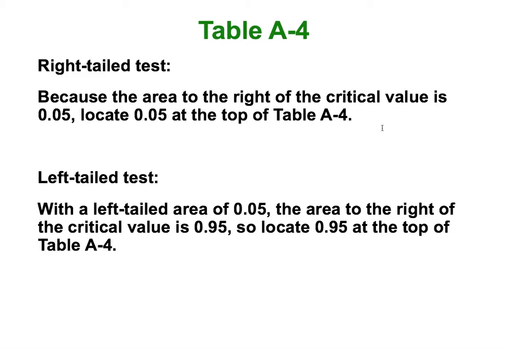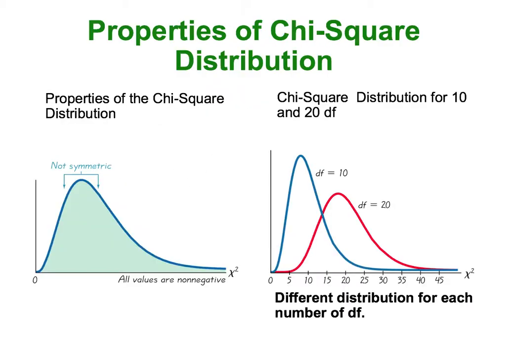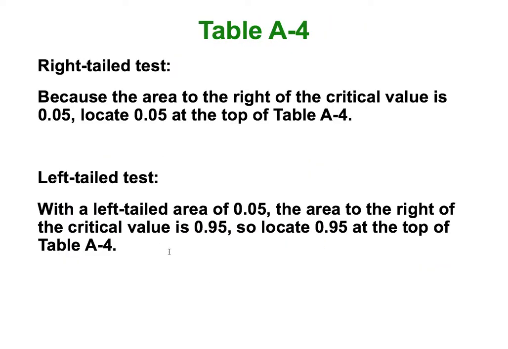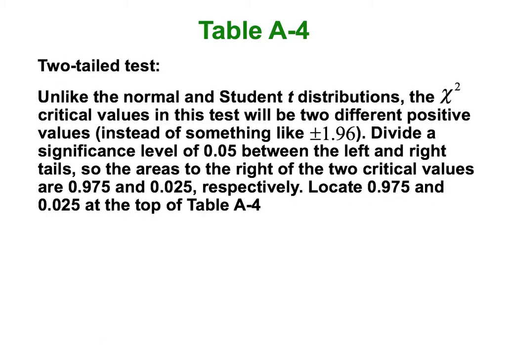Now our alpha was 0.05, and if we have a right-tailed test, we're going to use 0.05 as the area to the right. If we were conducting a left-tailed test, though, and the area in the left tail is 0.05, then the area to the right is the complement of that, 0.95. So we look at 0.95 in the top of the table.